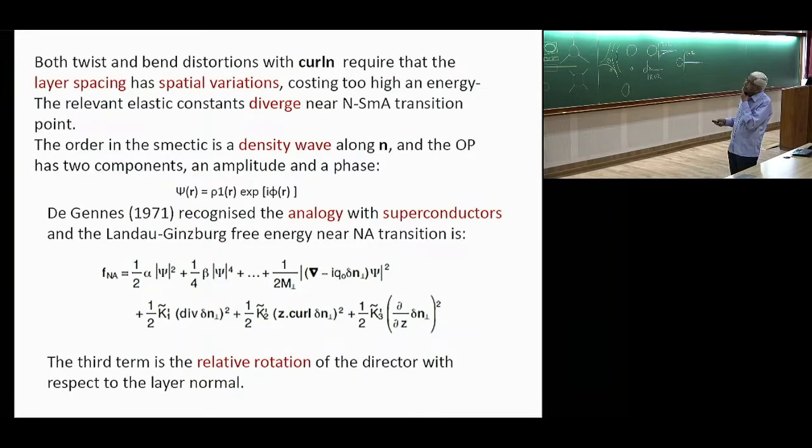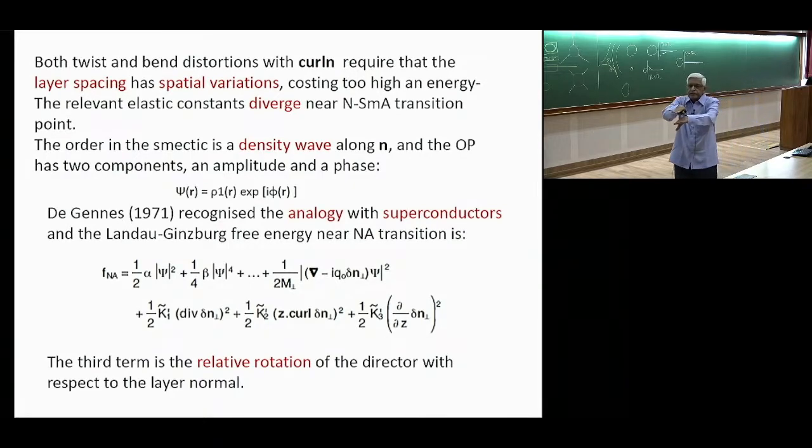So you can write the Landau-Ginzburg free energy near this Smectic-nematic transition. This is the usual order parameter squared, the quadratic term, and the quartic term. And then there is this gradient, the lateral gradient of the order parameter, which has to be written like this, because this is the relative rotation of the director with respect to the layer normal.